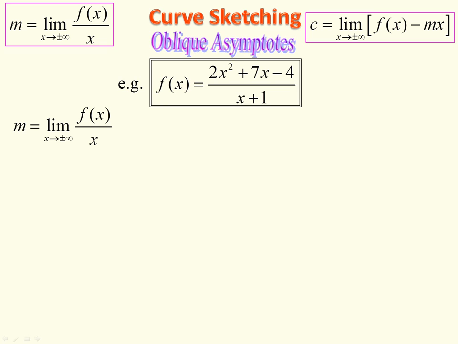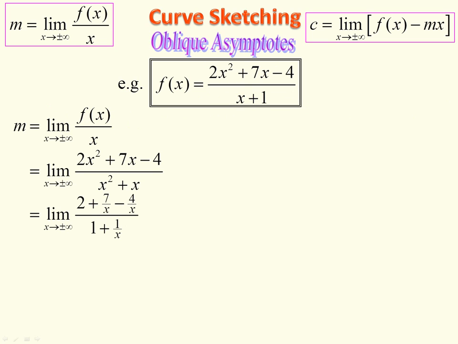And so we apply the formula, f of x over x, and remember, dividing by x means we multiply the bottom by x, so we have that. Finding the limit as x tends to infinity, divide through by x squared, sorry, that should be x squared. The top line goes to naught, so the limit is 2 over 1, so m is 2. So now we have y equals 2x plus c.